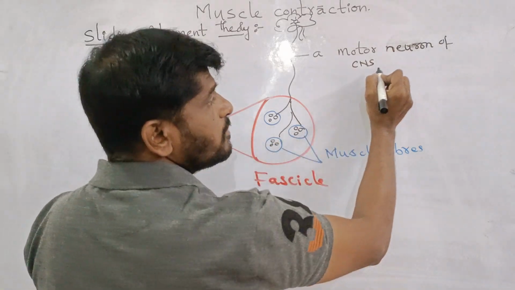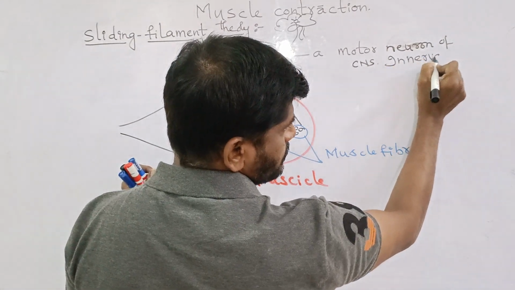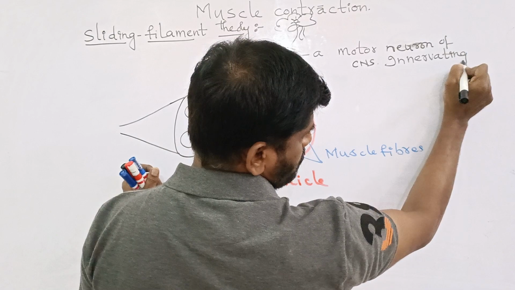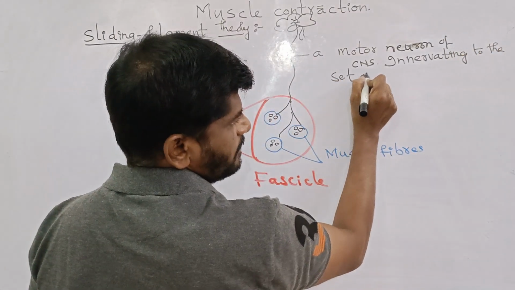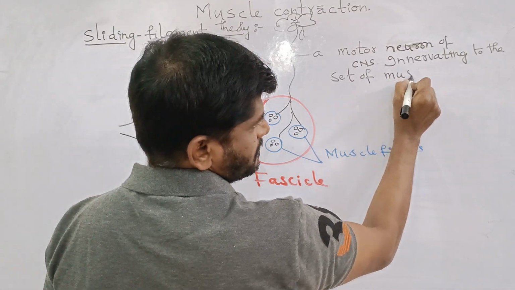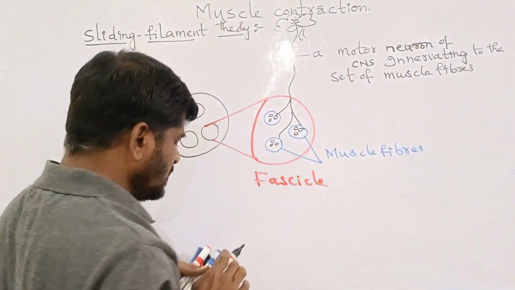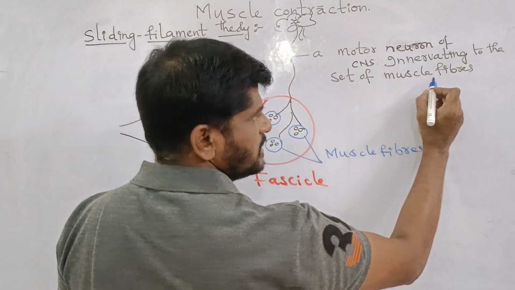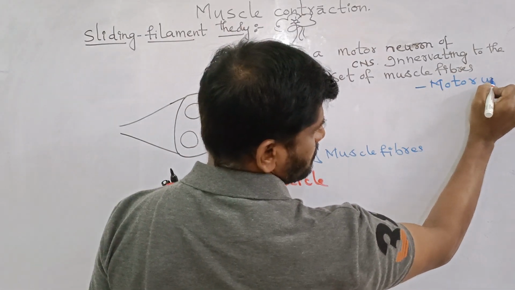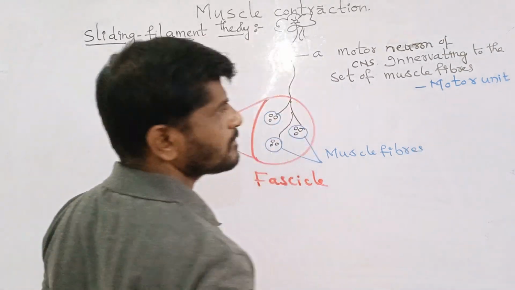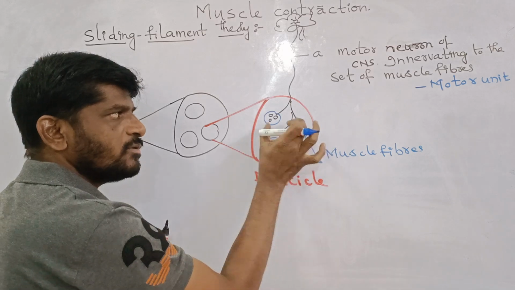Therefore, a motor neuron of the central nervous system innervating a set of muscle fibers is called the motor unit. This is one motor unit.